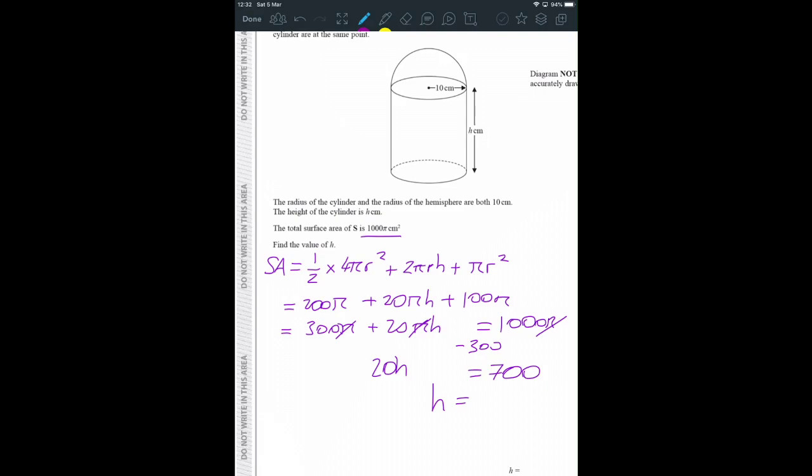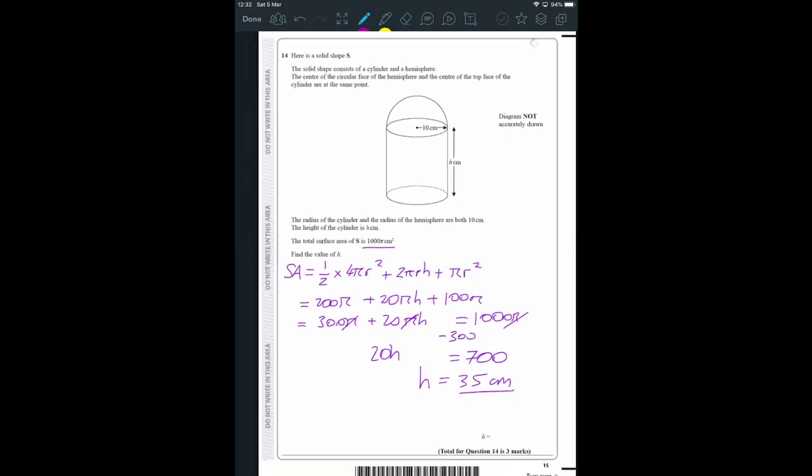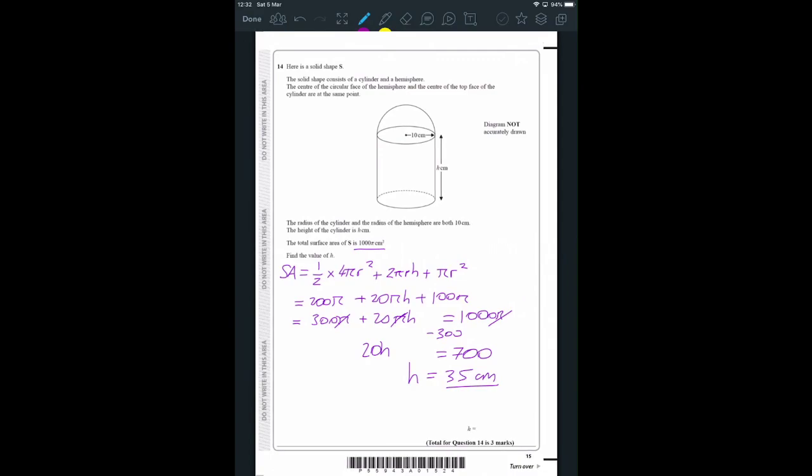And then finally divide by 20. And that gives me a height of my cylinder is 35. Although the picture's not drawn to scale, we can take some hint at h was larger than 10, and being in the same kind of region, 35 seems reasonable.